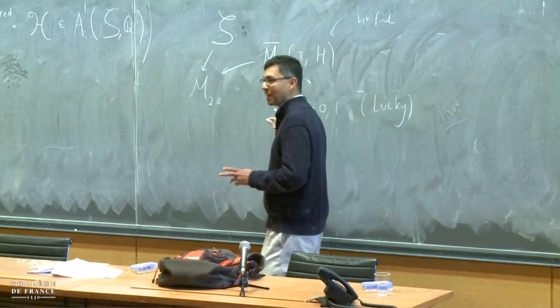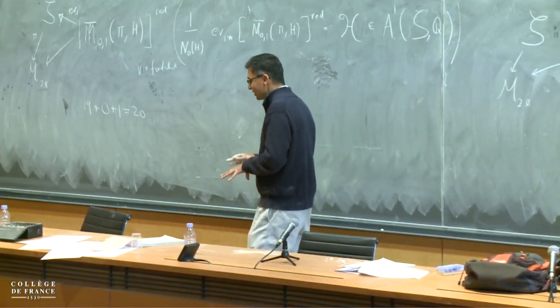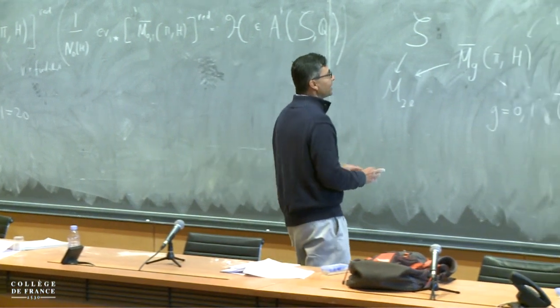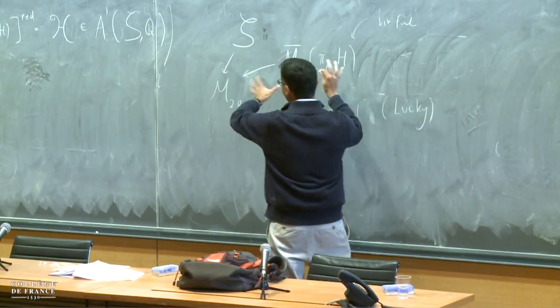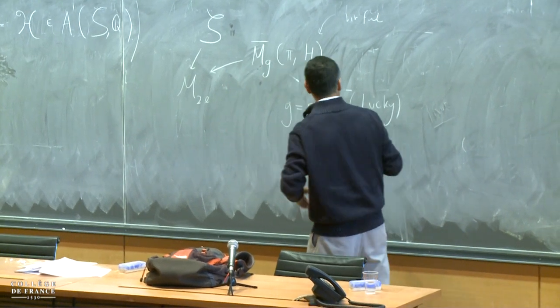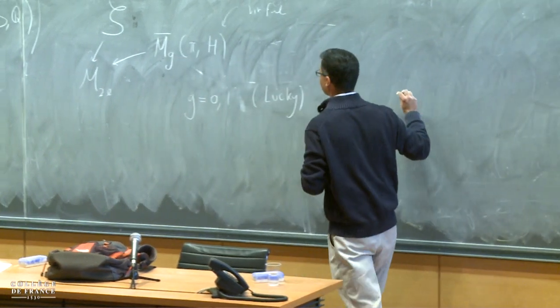So this is actually why we're able to succeed, because we use very low genera, and so the complexity is much less. We can't execute this side in all genus, we just can't do it. But here, we can do it in genus 0 and 1. And how does this work?